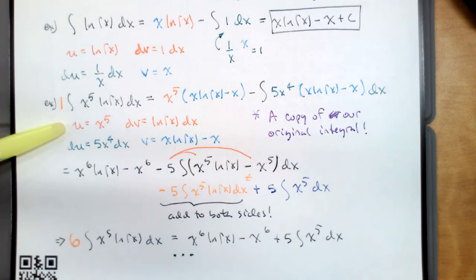Choose U and dV. The most important rule here is that dV must be something that you can integrate. Step 2. So step 1 is your given. Step 2, find.